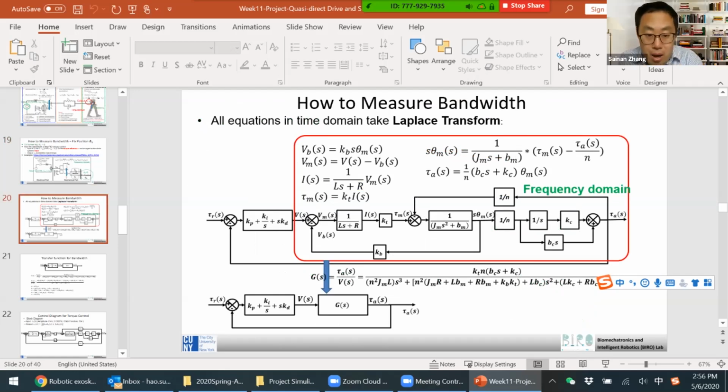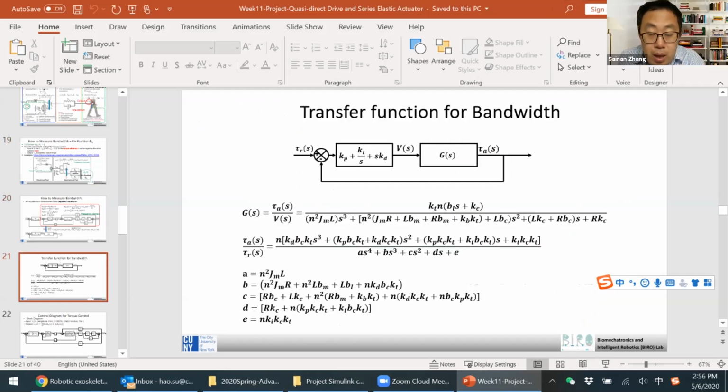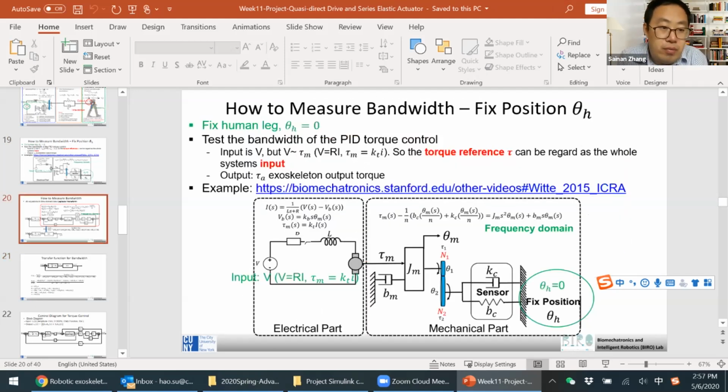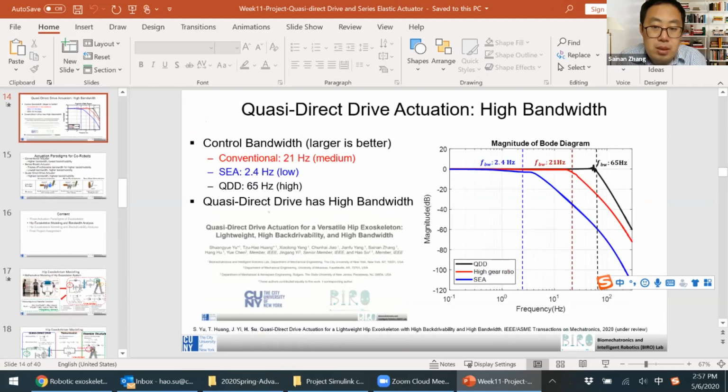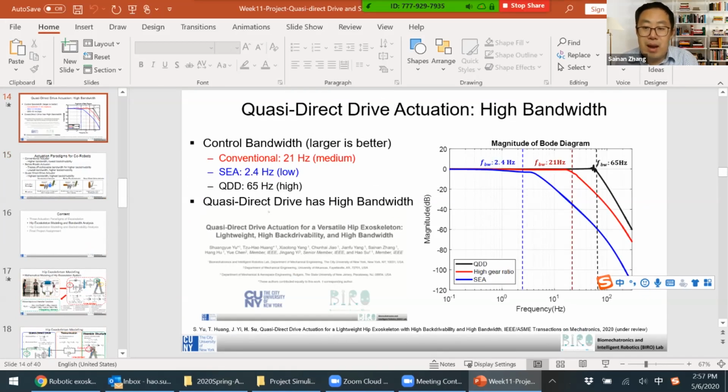So let's see. That's actually a good question. The short answer is that the PID parameters will affect the bandwidth. Let's think about this. If you give infinite gain, let's use this block diagram as an example.